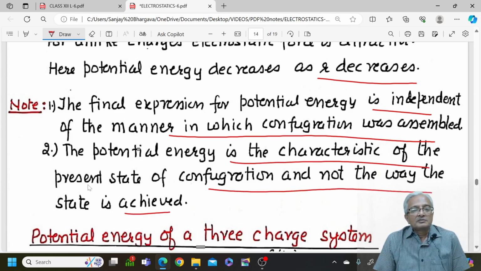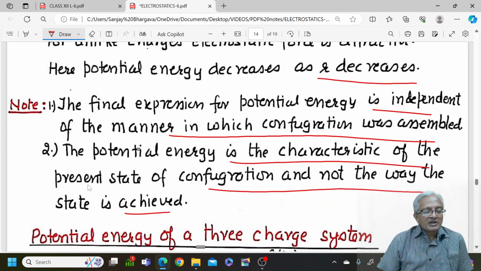Remember, the final expression for potential energy is independent of the manner in which the configuration was assembled. इसका मतलब है potential energy इस बात पर डिपेंड नहीं करती है कि वो Q1 Q2 का जो सिस्टम हमने बनाया है वो किस तरह से बनाया गया है. So we wrote potential energy is the characteristic of the present configuration and not the way it was achieved.